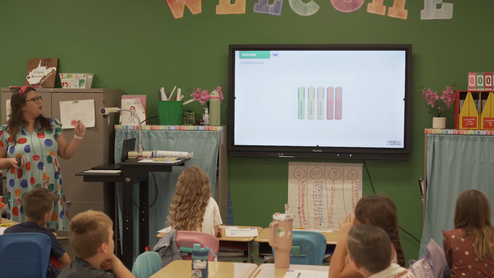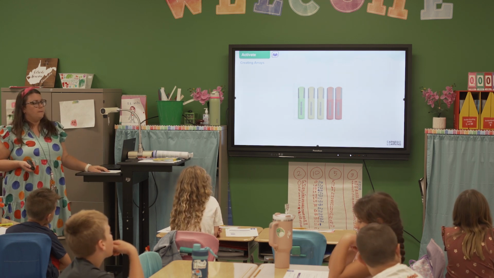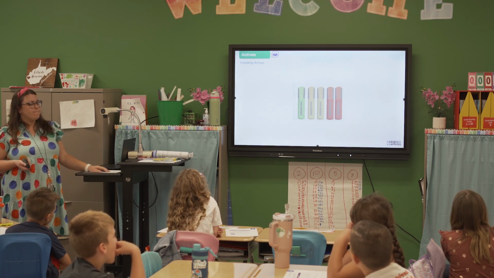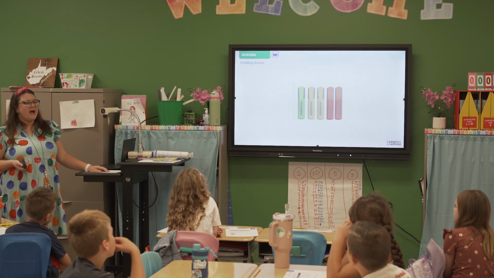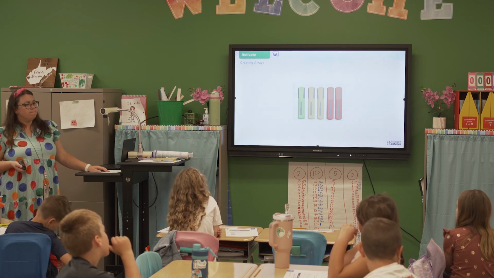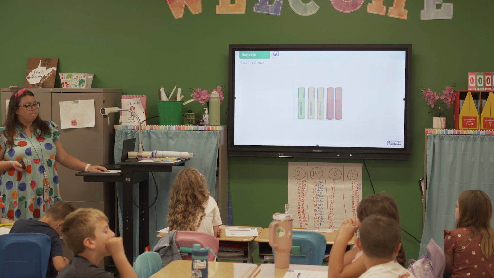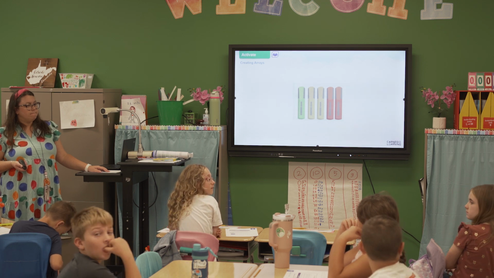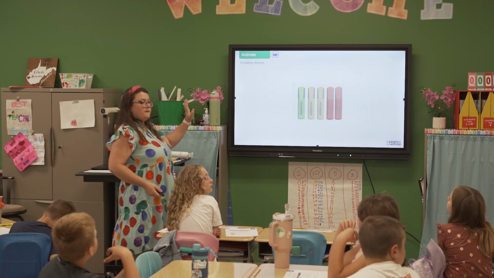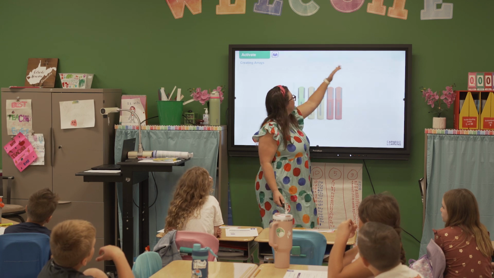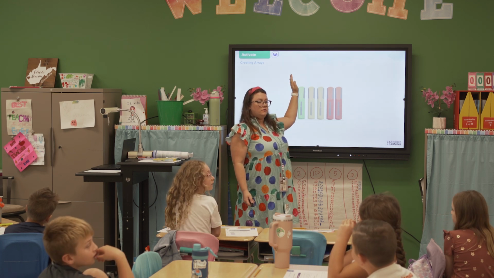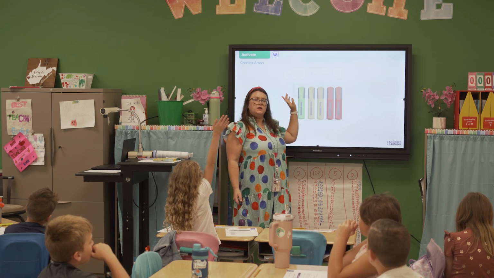Okay, Ashton, what do you see on the board? 5 markers. And how many groups, Alana? Well, how many groups? Try again.